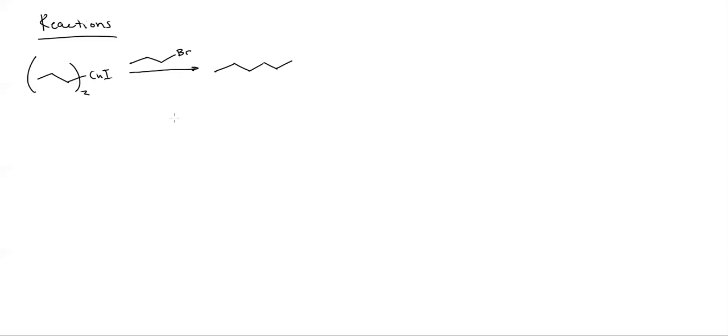There is a mechanism for this, but it's strange. We're not going to worry about it too much. I could write a simplified, hypothetical mechanism, but I'm not going to do that. So let's take a look at another example here. In this case, we're going to have a ring. We're going to do SN2 again.